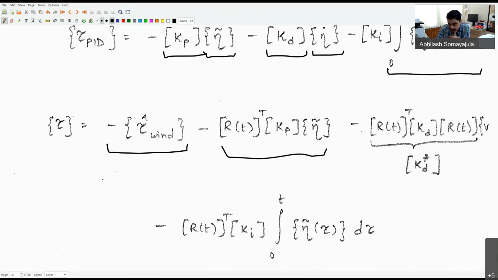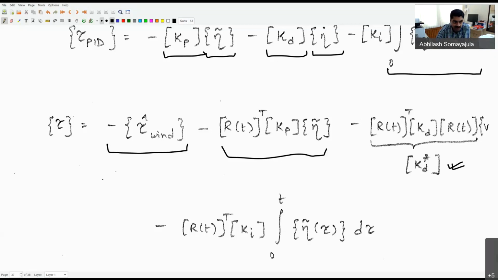And I can represent this matrix which you see here, R transpose KD times R, as KD star. Typically, we'll choose this KD matrix to be a diagonal matrix. So what is happening? We are doing R transpose times some diagonal matrix times R. It is equivalent to as if R transpose R will give me identity, and what I'll be left with is still the same diagonal matrix as before.